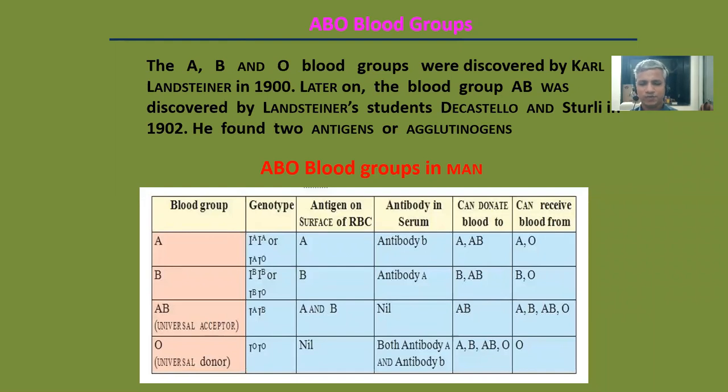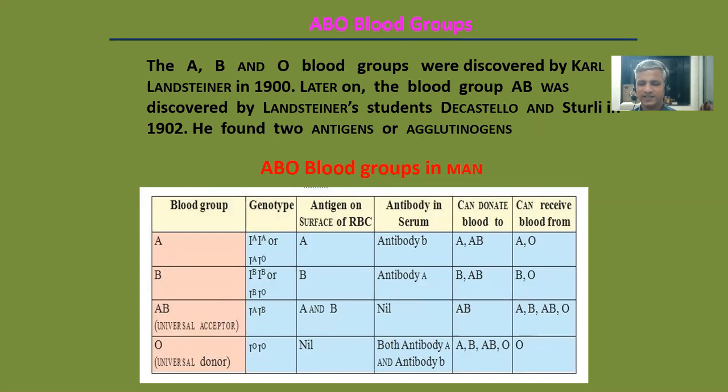The second blood group system that we have to study is the RH blood group system. RH is the most complex of the blood group systems. RH factor is an antigenic protein which is present on the surface of red blood cells in the human being. This RH factor was discovered by Landsteiner in 1940 on the surface of RBCs of rhesus monkey.